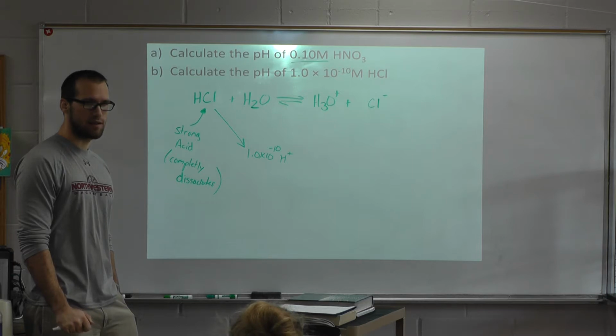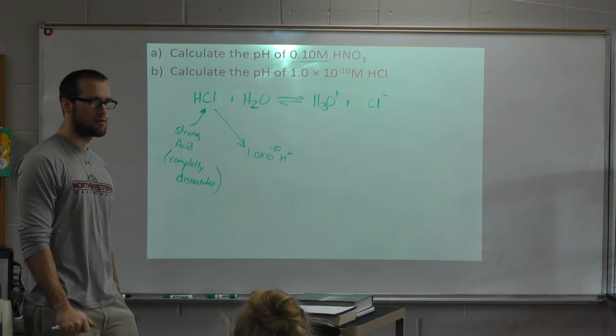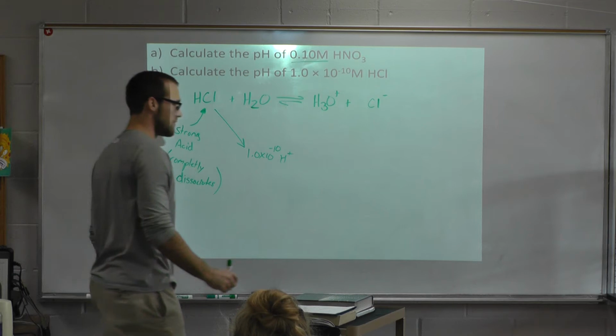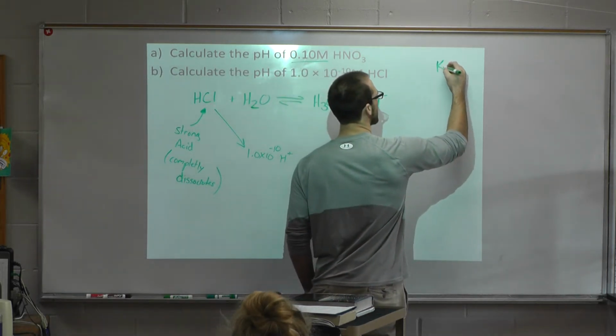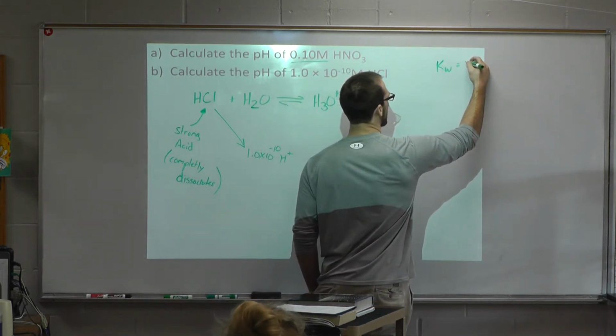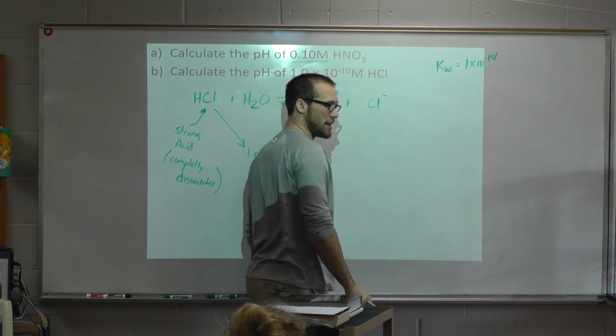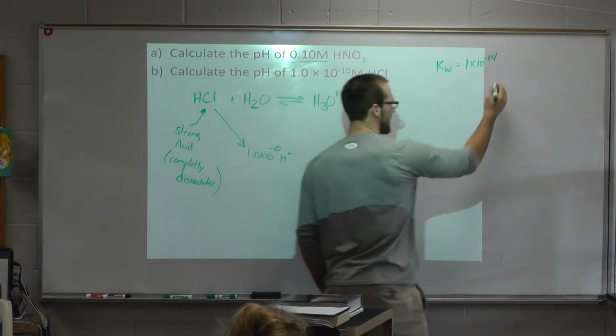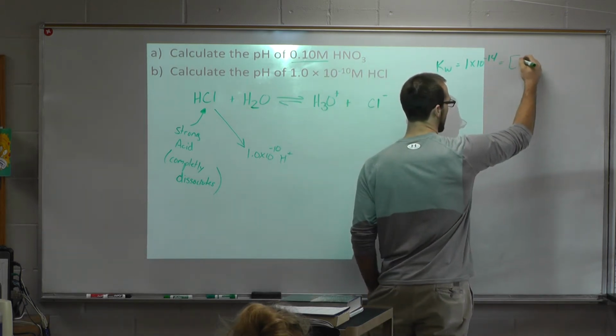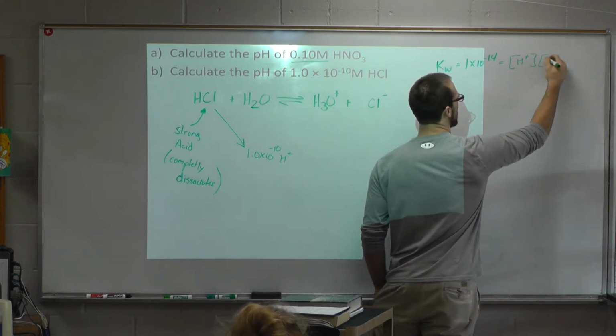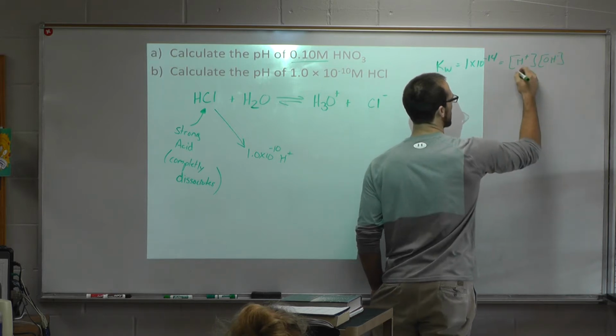Why do I say that? Right, we know it's 1 times 10 to the negative 14, and that would mean that the H plus and the OH minus concentration is 1 times 10 to the negative 7.